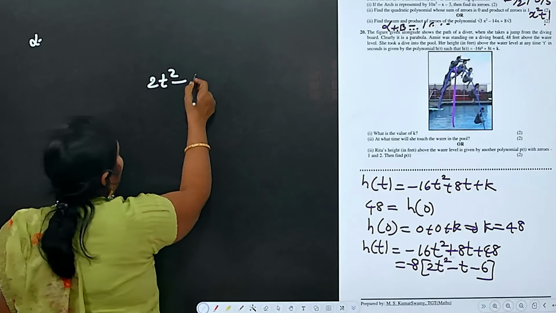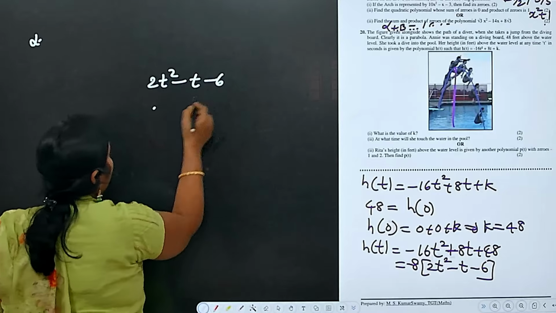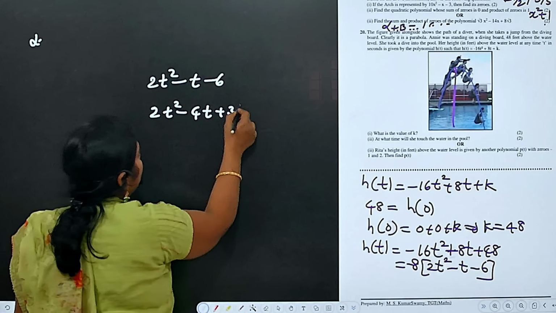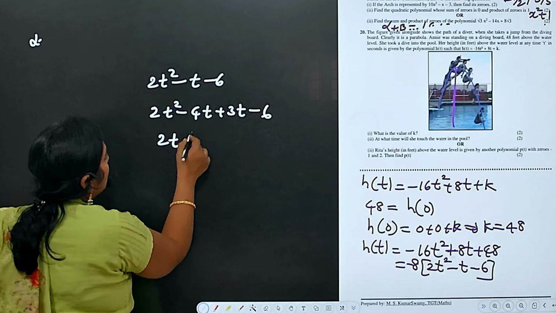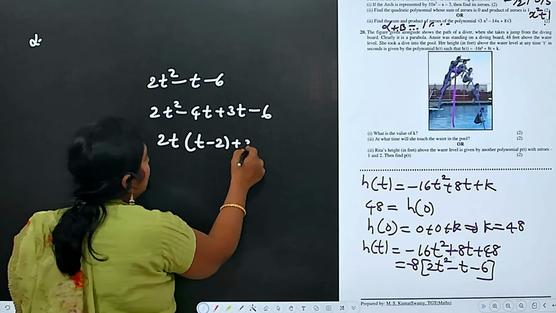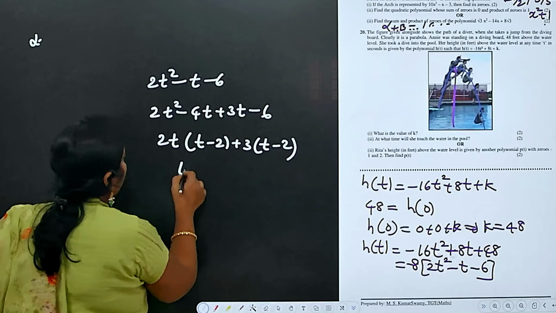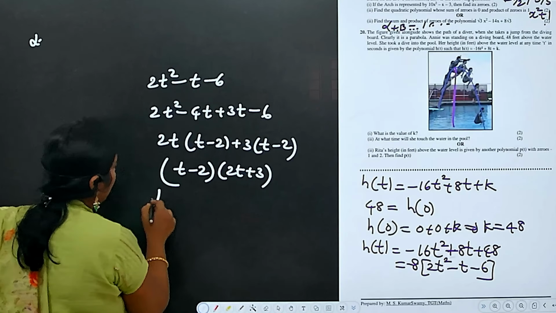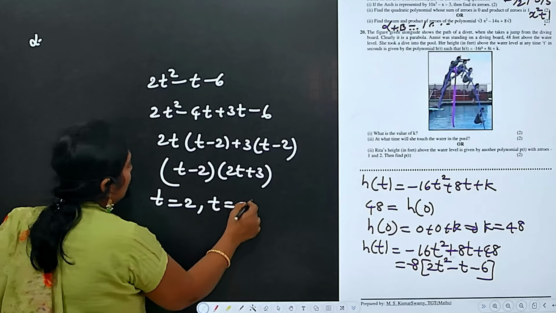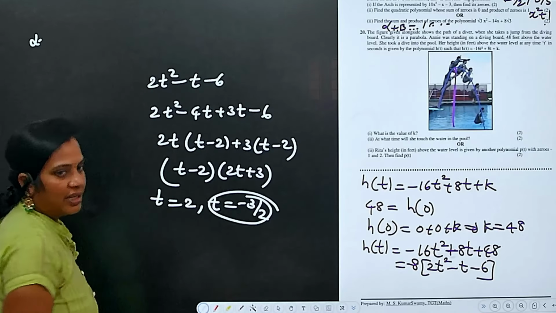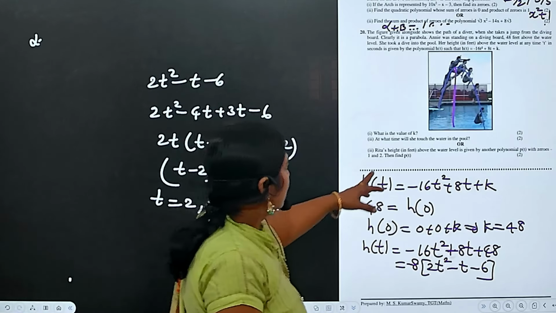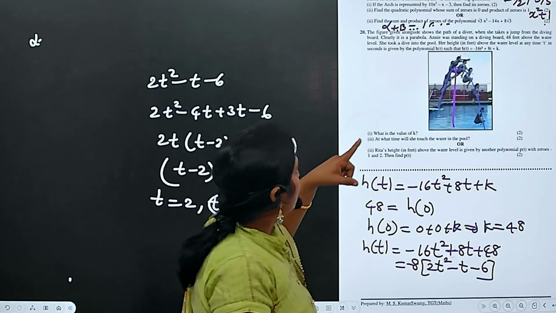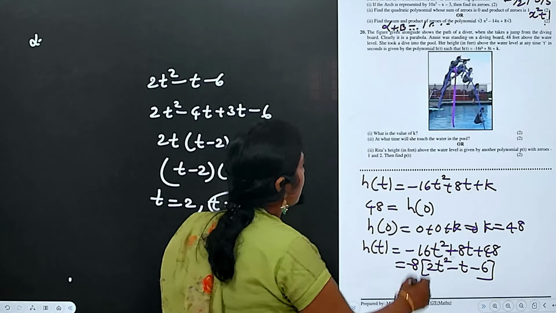Two T square minus T minus 6 means 4 2s are 12. 2T square minus 4T plus 3T minus 6. 2T is common, T minus 2 plus 3 is common, T minus 2. T minus 2 into 2T plus 3. T equal to 2, T equal to minus 3 by 2. Time is never in negative, so 2 seconds. At what time will she touch the water? Time T in seconds, 2 seconds.